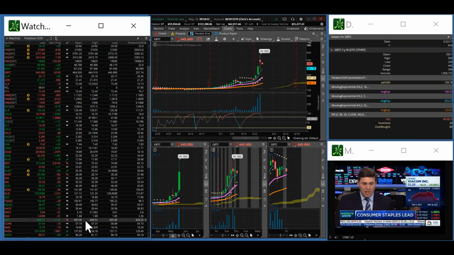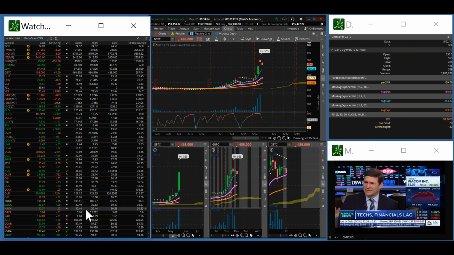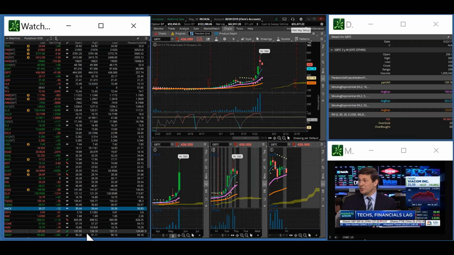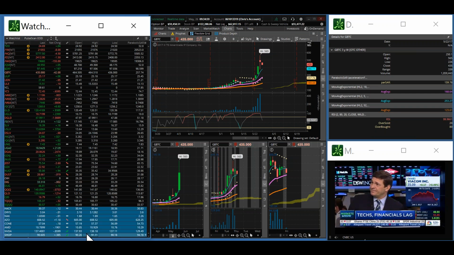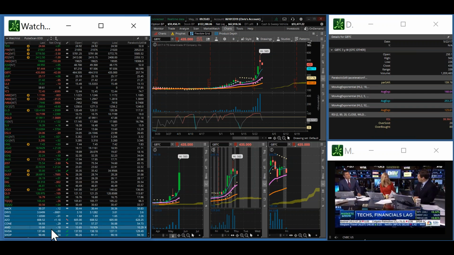So as you can see here, starting from hack all the way down, this is where we're looking to operate going forward. AMD has been holding steady. It's been playing around that 1080 level.